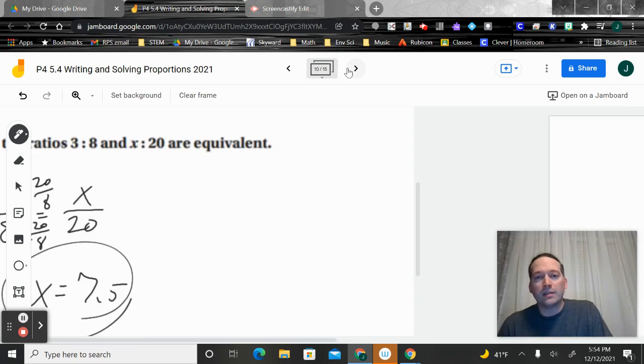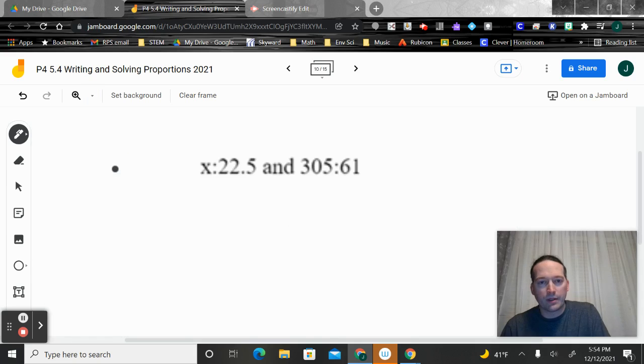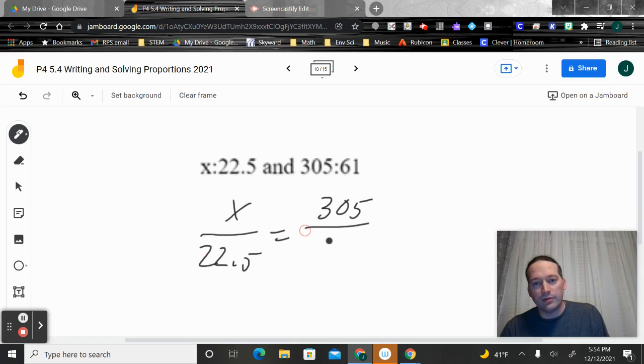All right, let's look at the last one. So this is x over 22.5 is equal to 305 over 61. So again, we're moving to the left. How do we get from 61 to 22.5? Well, 22.5 divided by 61, and multiply that by 61, and I'll get 22.5.